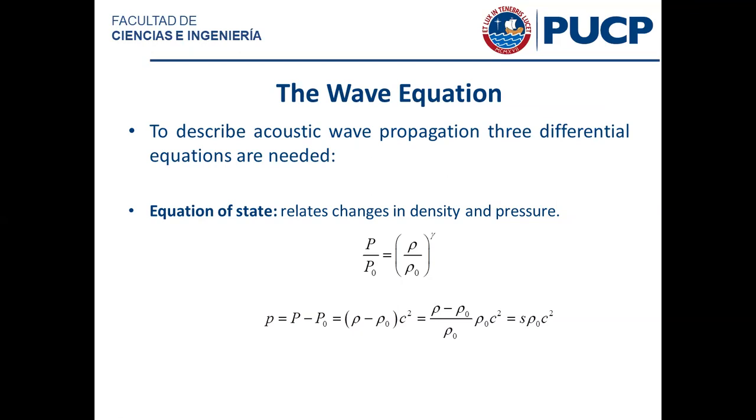Basically we're multiplying and dividing by rho naught, and that gives us s times rho naught times c squared. s is a term that we call condensation, which is the fractional change in density: density minus the equilibrium density, divided by the equilibrium density, right? So it tells you how much the density is changing in percentage, due to the acoustic wave propagating in the medium.